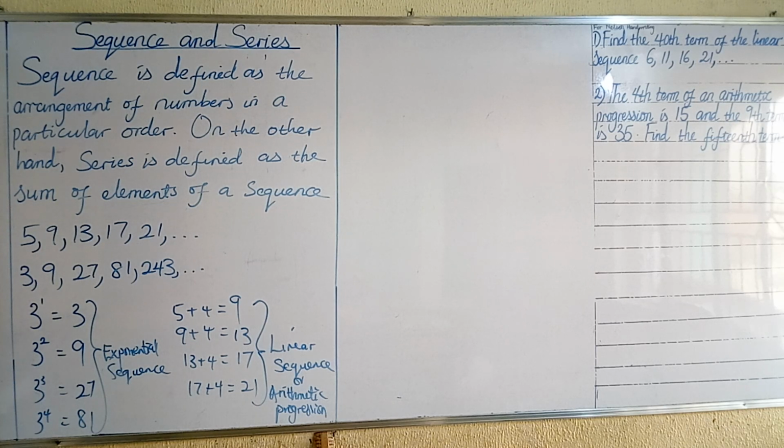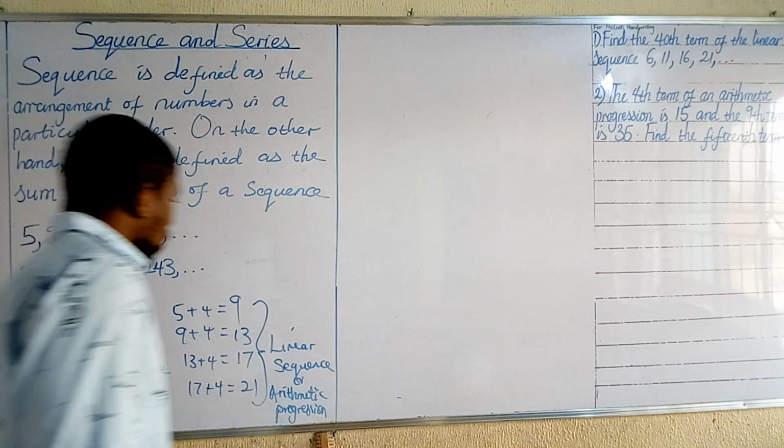Having gotten this far, there is what we are going to also check. We are going to get the nth term of a sequence. But before that, let's look at the nth term of a linear sequence. That's what I want us to look at.